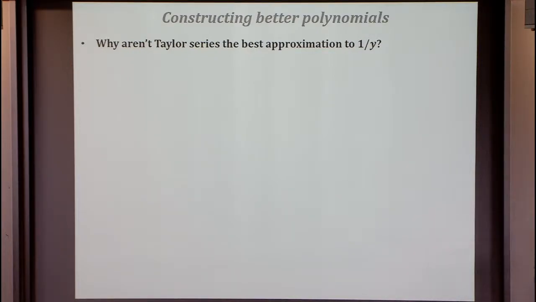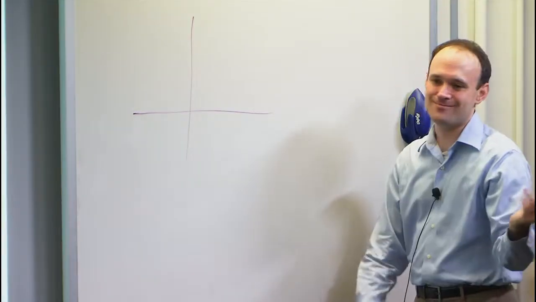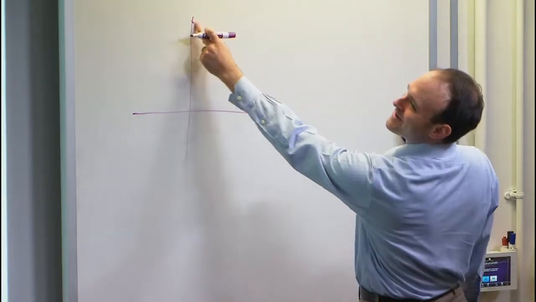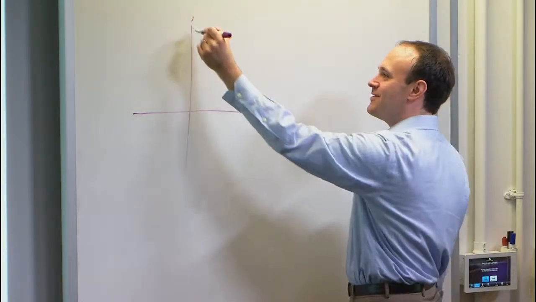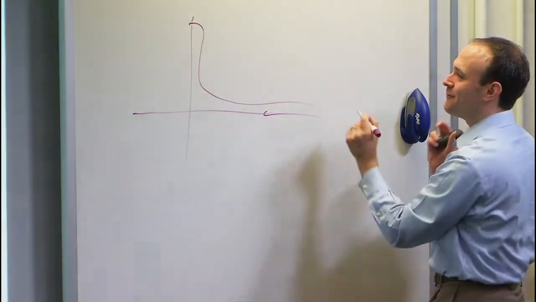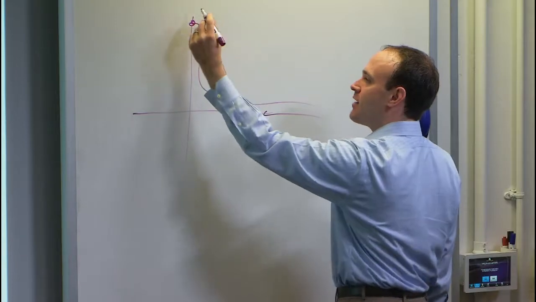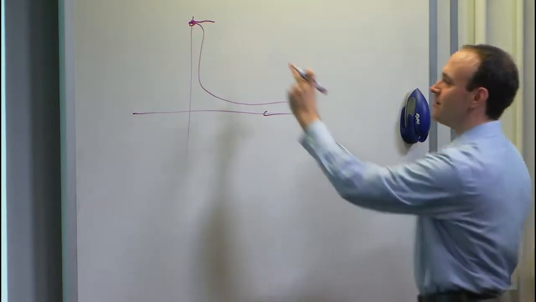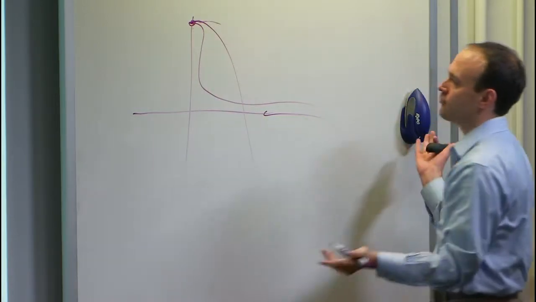Morally, if I want to approximate some function, let's just make our function something like that. If we want to approximate our function locally right around the origin, then the Taylor series is going to do something like this. It's going to be locally correct, but it'll probably globally diverge.